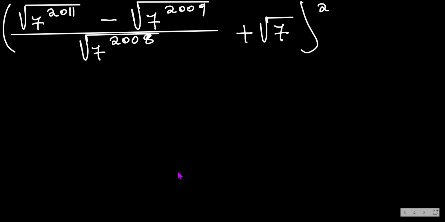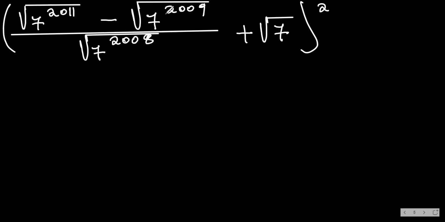Okay, so then what do we say here? We need to simplify this without the use of a calculator. Now, what is the idea? The idea is to express everything in terms of the one that has the smallest exponent, which is 2008.